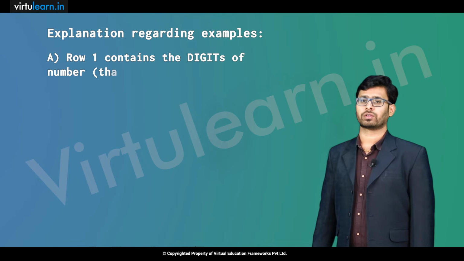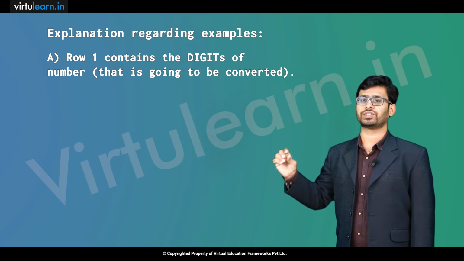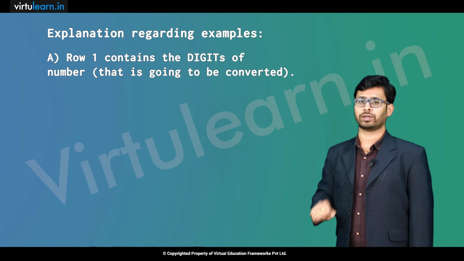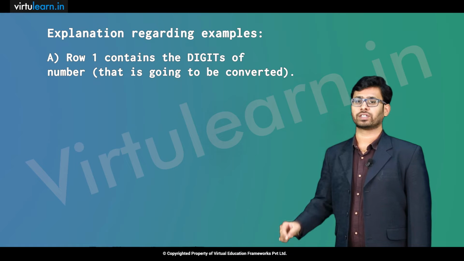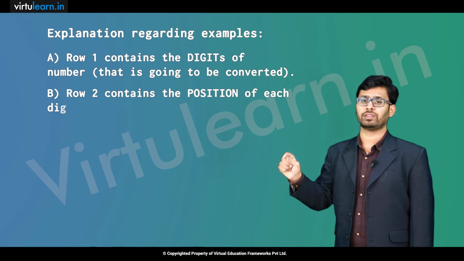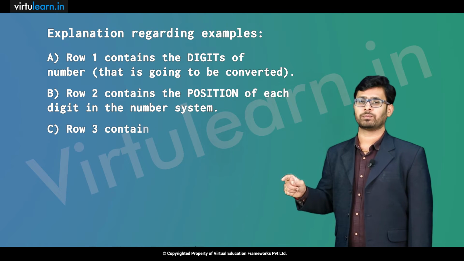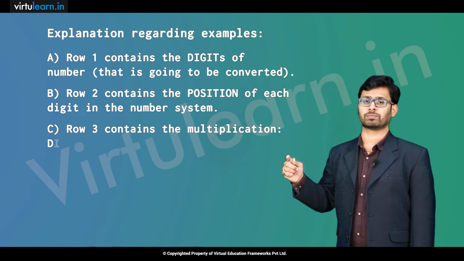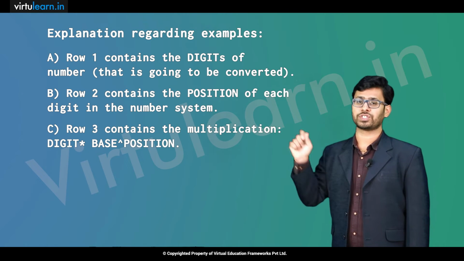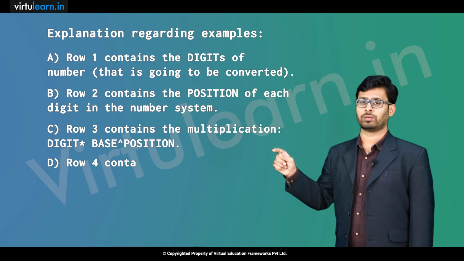Row 3 contains the multiplication, that is, digit into base to the power of position. Row 4 contains the calculated result of the third step. And the last step is to add each value of the last step; that resulting value is the decimal number.